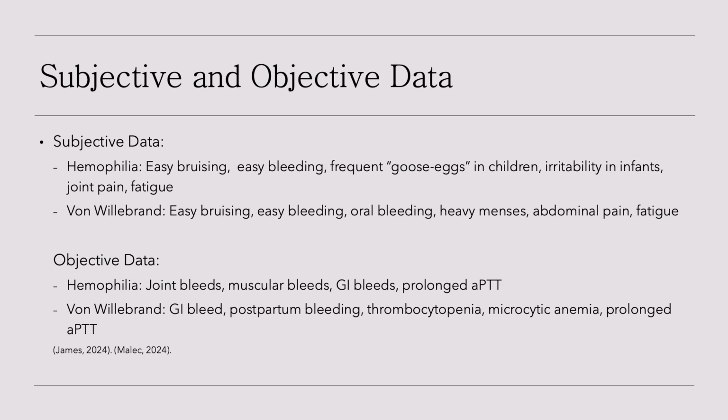Objective data for hemophilia would be joint bleeds, muscular bleeds, GI bleeds, and a prolonged APTT. And for von Willebrand's disease, it would be GI bleeds, postpartum bleeding, thrombocytopenia, microcytic anemia, and a prolonged APTT.